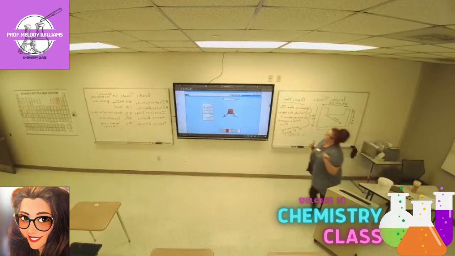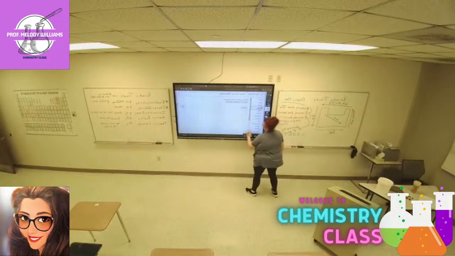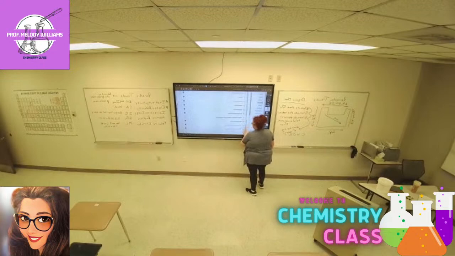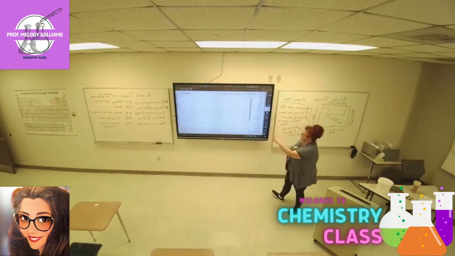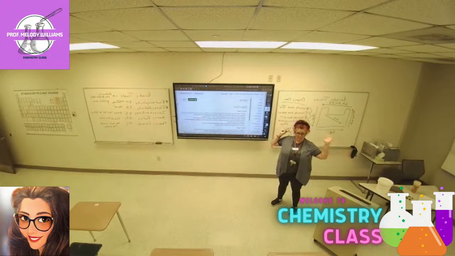Okay, so let's take a look at our objectives and see where we're at with this. With Unit 1, are you guys having any concerns with some of this? No? You're gonna have to give me some feedback.